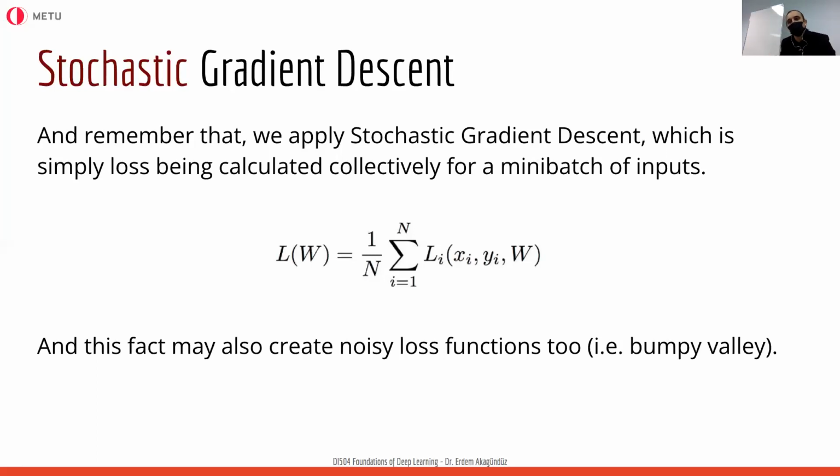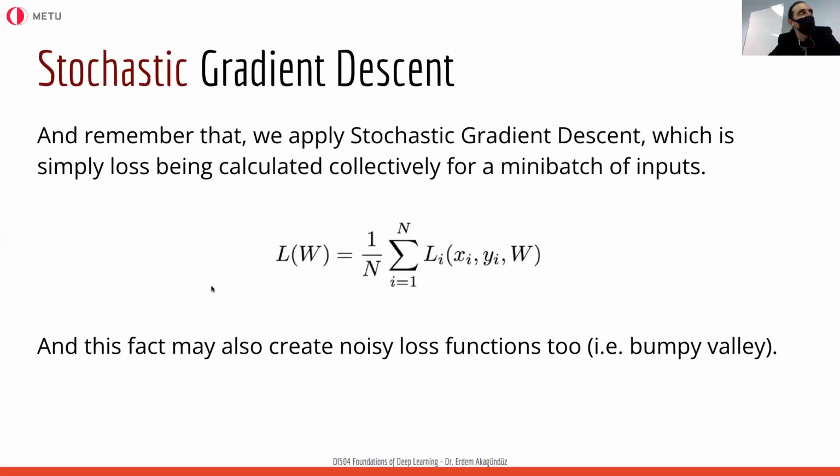With this, the blind guy will be following a smoother path, right? This is called stochastic gradient descent. So stochastic gradient descent is the loss being calculated collectively for a mini batch of inputs, a group of inputs.